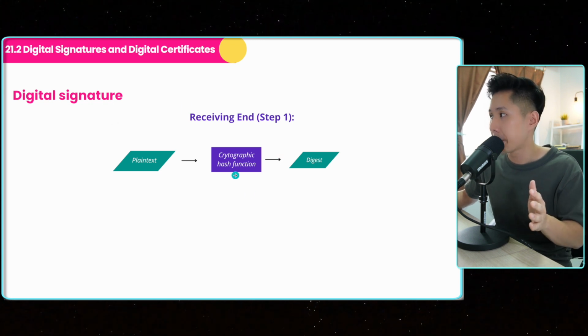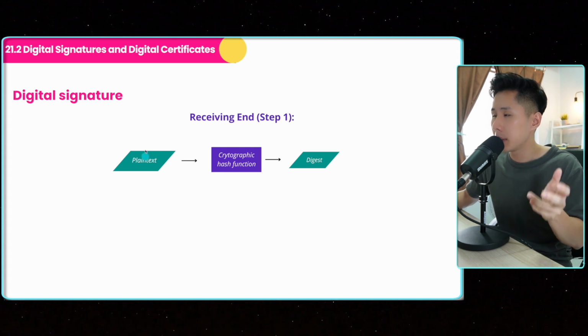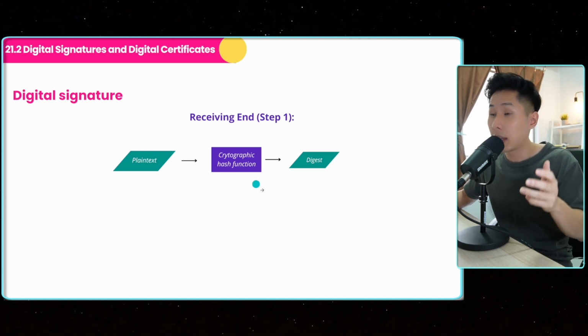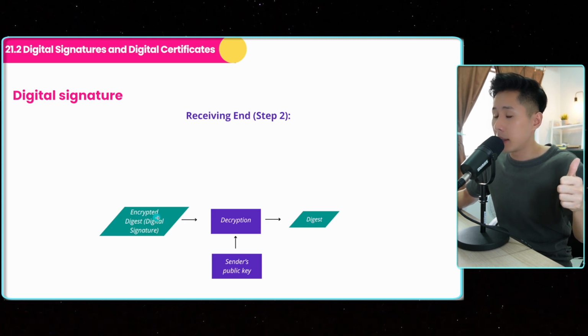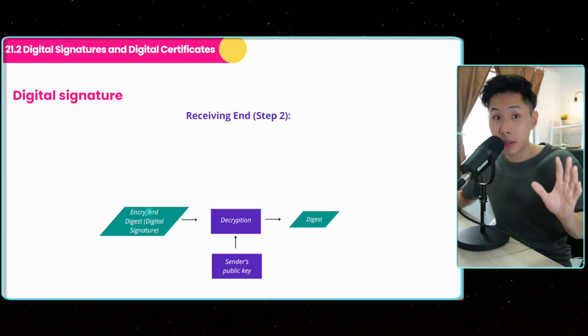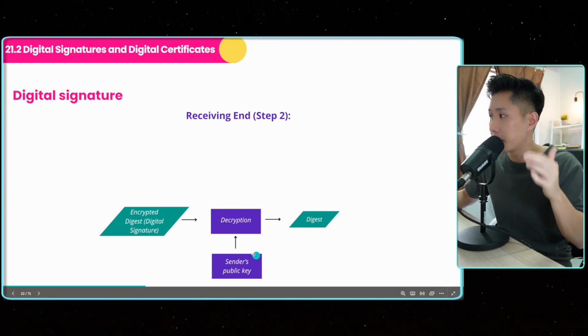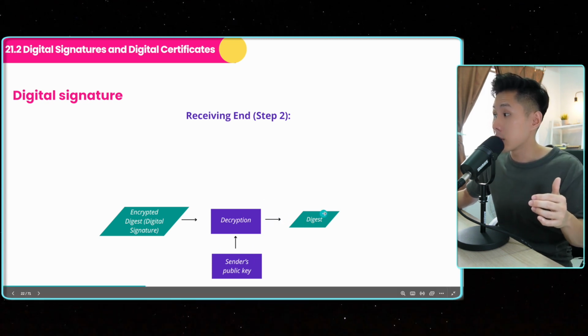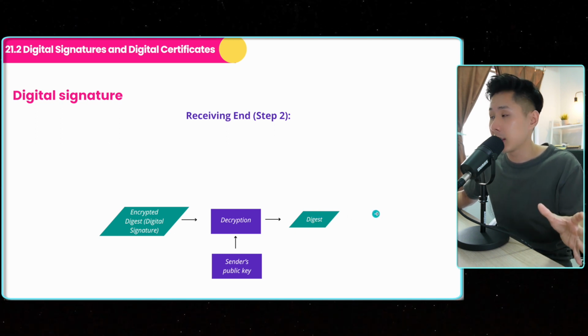This is the process. First of all, the receiver will again put the plain text into the hash function to get the digest. Okay? And then the receiver will also take the encrypted digest and decrypt it using the sender's public key. Now you have the original digest that the sender created on the sender side.